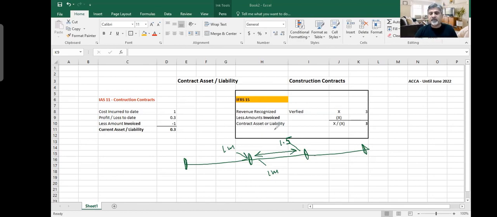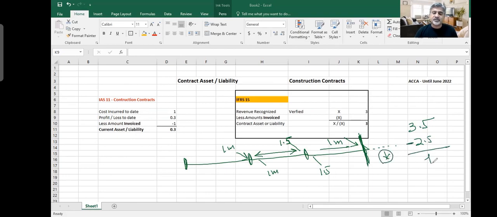Those documents come in and I send an invoice for a further 1.5 million. Now, this is the end of the year. They come in and say that you have performed 1 million of work. But on this particular date, I have not invoiced it. I will invoice it sometime in the next year. So my total revenue recognized, or work verified, is 1, 1.5 and 1, which is 3.5 million, whereas total invoiced is only 2.5 million, because this invoice I will send later.